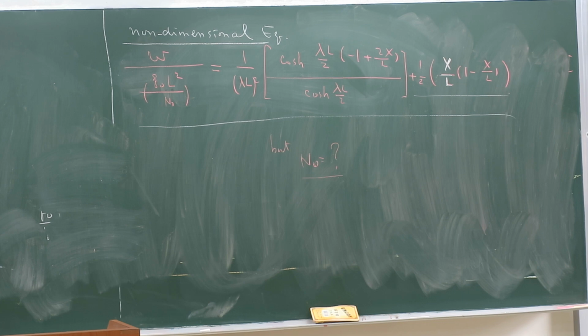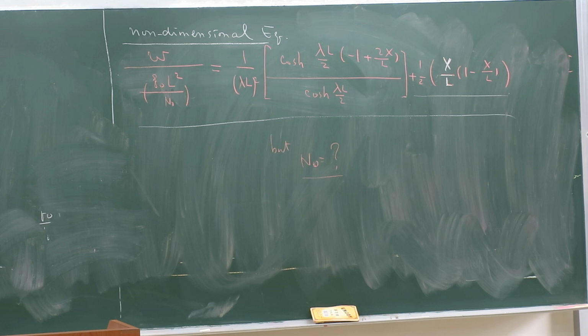Recall, my N0 is equal to sigma x times A, which is equal to EA times (partial u, partial x plus half (dw/dx) squared). Then N0 over EA minus half (dw/dx) squared is equal to partial u, partial x, right?